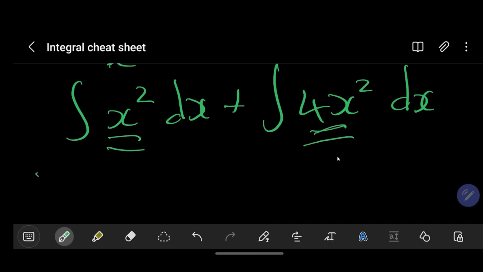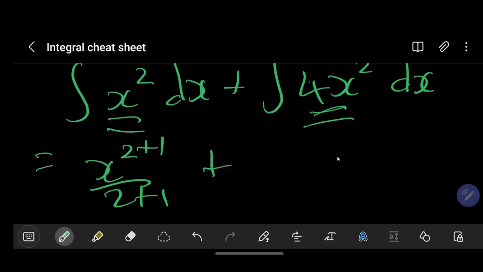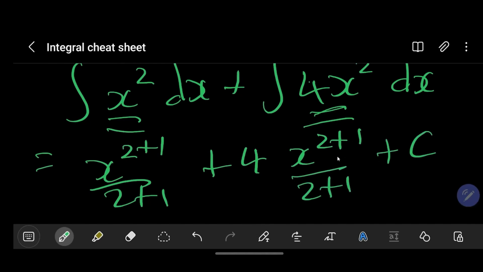So this can now be rewritten as, if you're solving it, x to the 2 plus 1 all over 2 plus 1 plus, we bring the 4 to the front, multiplication rule, and we use the power rule. So that's x to the 2 plus 1 all over 2 plus 1, and don't forget the c.